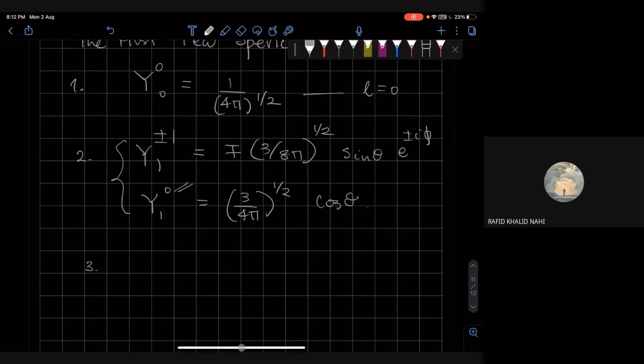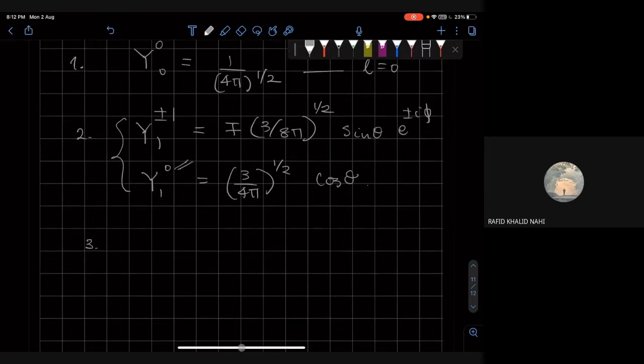Number 3 is, so this is kind of the language, a set of 3 states which form a representation of the rotation group is called a triplet. And then if L is 2, then the M value can be a lot of things. Let's take plus minus 2.